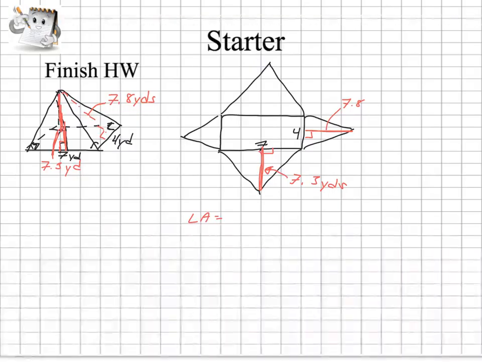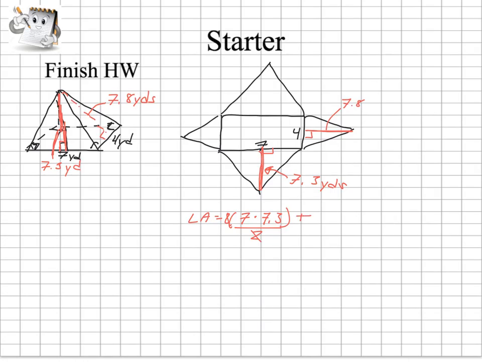I have two of these triangles, so the area is 7 times 7.3, and normally I would divide that by 2, but I have two of them, so when I multiply by 2, those cancel out. So really I just have 7 times 7.3.